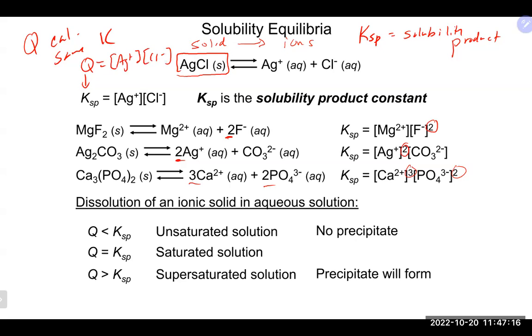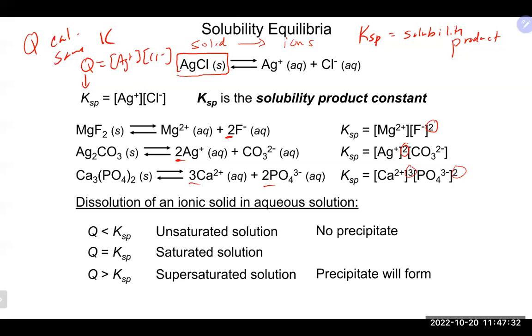So we used Q right before to determine whether or not we were at equilibrium, and if we weren't at equilibrium, which way we need to go to reach equilibrium. We could also use Q and compare it to the KSP to help us decide if a precipitate would form.